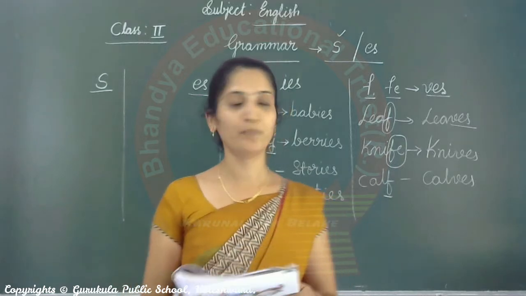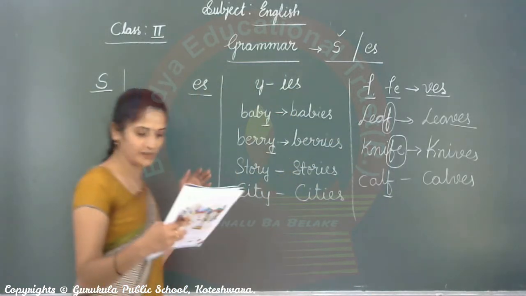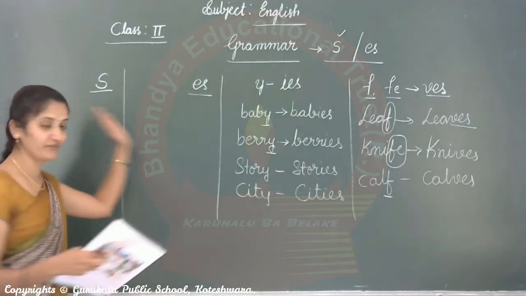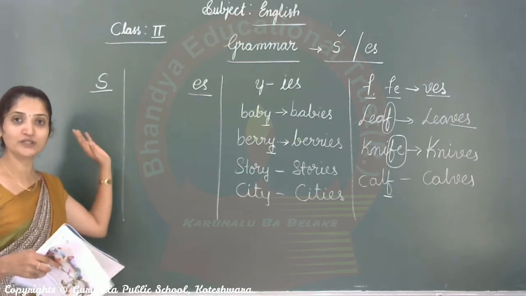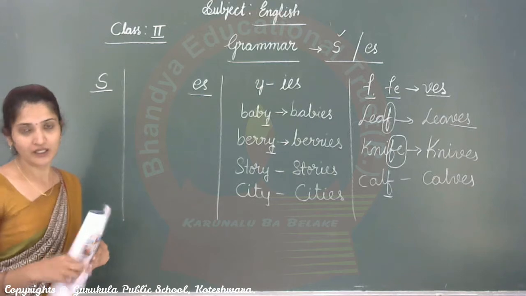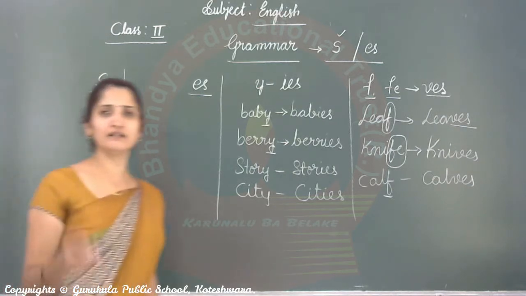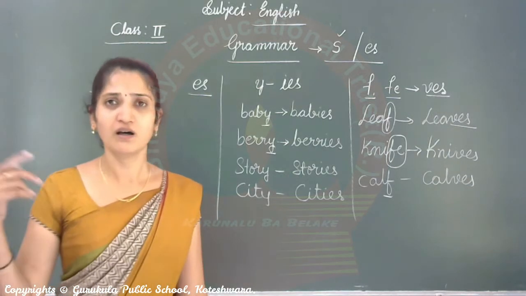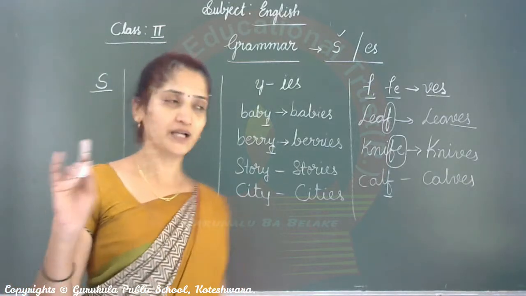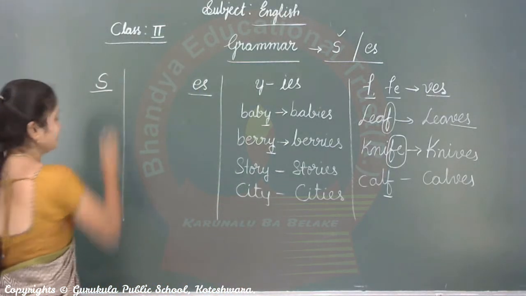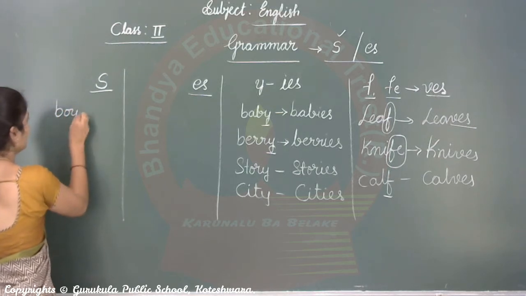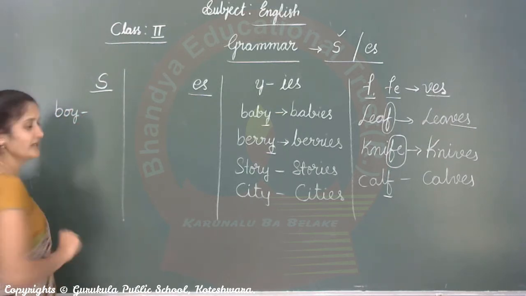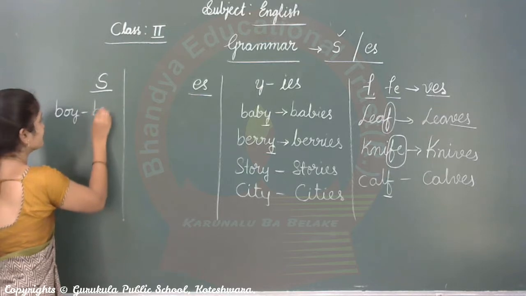Like this type of plural forms are there. For every plural form, we will add to the naming word only. Okay? Name, if it is a person, thing, place, anything. Everything we will add. If it is a boy, what? Just I'll add S, boys.